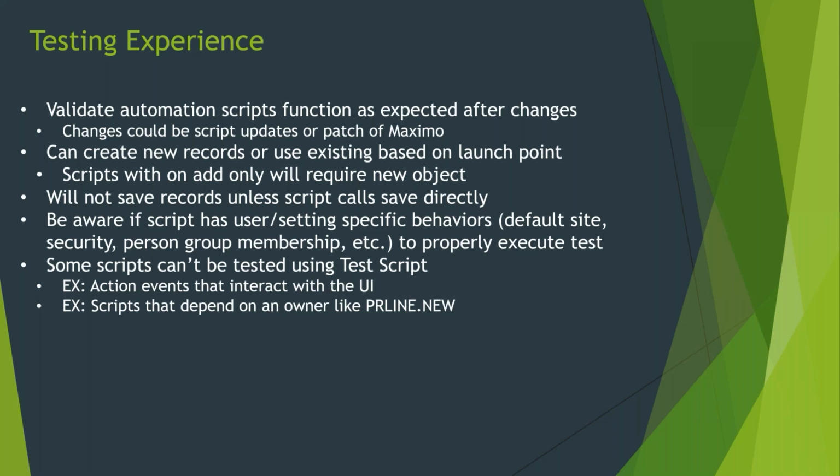You can either create a new object and set all the values, or you can use an existing record. If you already have a good record that's a good test case, you can tell it how to find it, whether it be based on a PR number, an ID, etc.